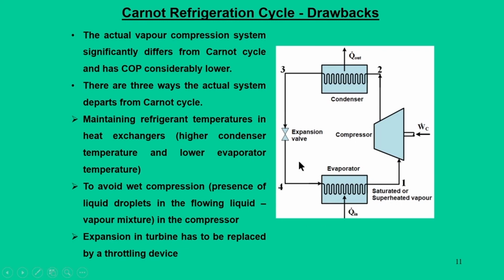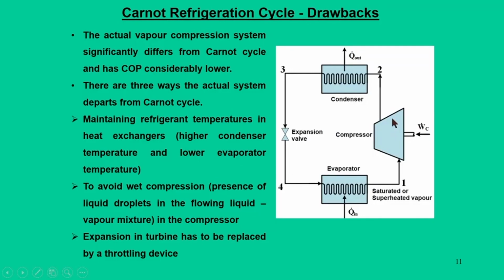The second drawback comes in if you look at the compressor. The word compressor is used when it operates in the gas phase or vapor phase. If you look at our T-S temperature entropy diagram, the compression process is mostly occurring in the wet region where the refrigerant is wet.